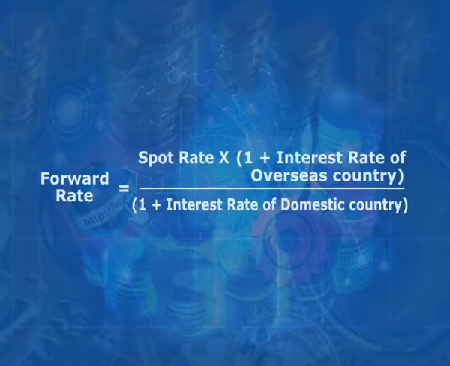The basic equation for calculating forward rates with the US dollar as the base currency is: forward rate is equal to spot rate times 1 plus interest rate of overseas country divided by 1 plus interest rate of domestic country. Forward rates are available from banks and currency dealers for periods ranging from less than a week to as far out as 5 years and beyond.